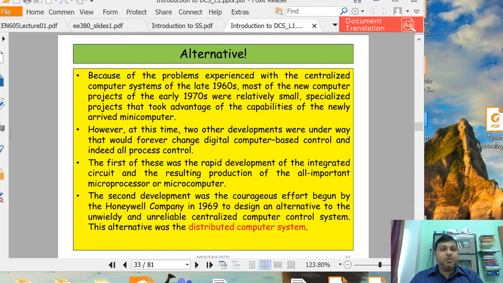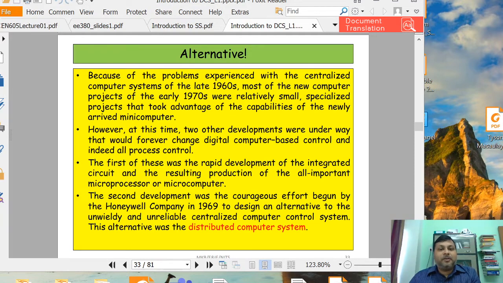However, at this time two other developments were underway that would forever change digital computer based control and indeed all process control. The first of these was the rapid development of the integrated circuit, IC, and the resulting production of the all important microprocessor and microcomputer.